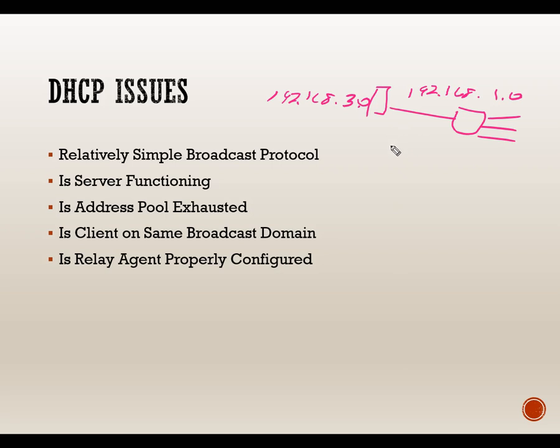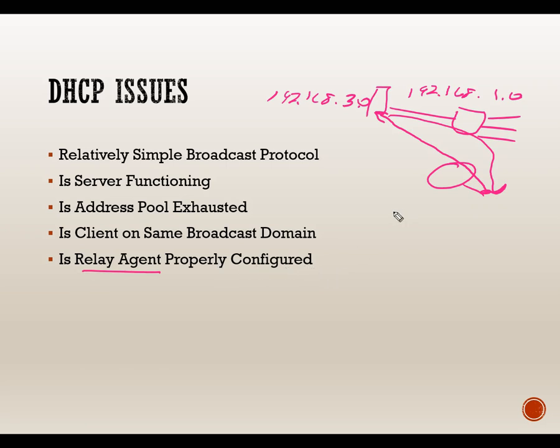The reason the relay agent works is it would be coming from a 192.168.3 address. It would go here and it says, oh, this comes from the 3 network, I'll give a 3 address back to that area. And then the other one is: is the relay agent properly configured?